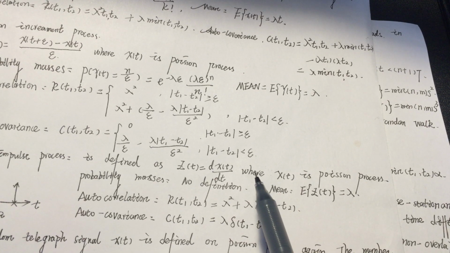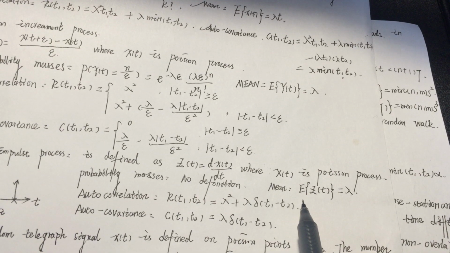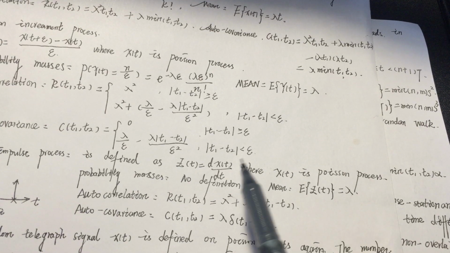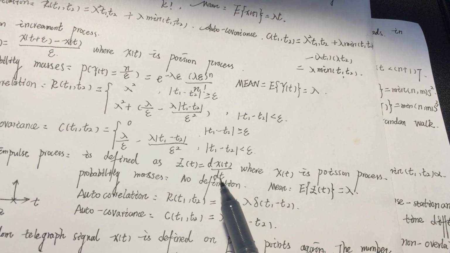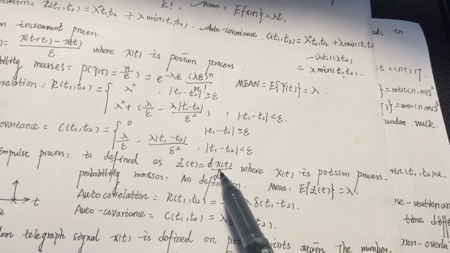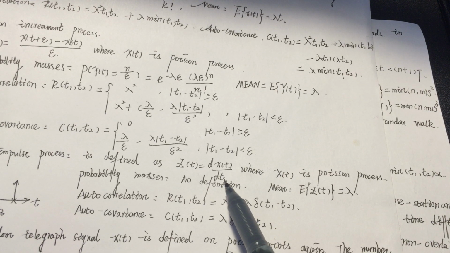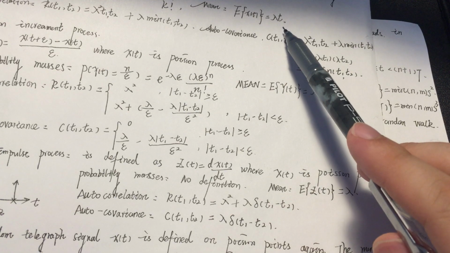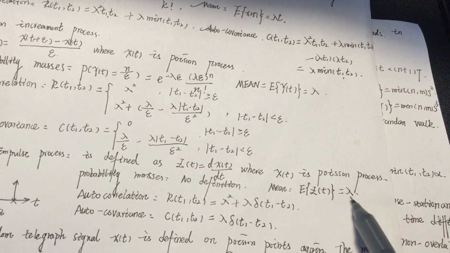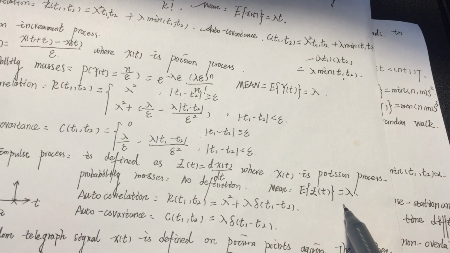The probability mass of it has no definition, and since we know the expectation of X(t) equals lambda t, we can easily get the expectation of Z(t) equals lambda.